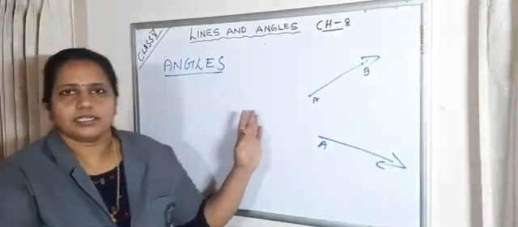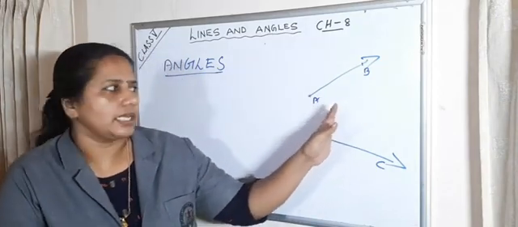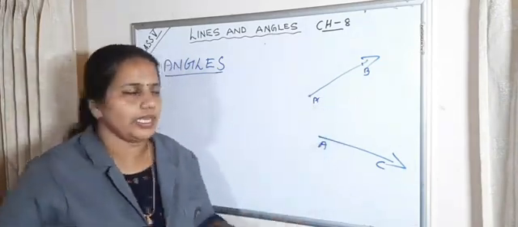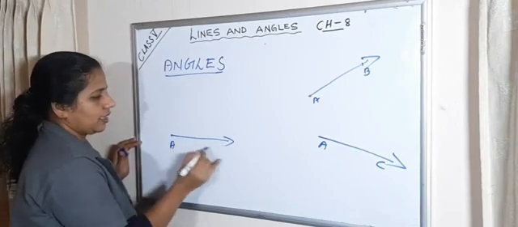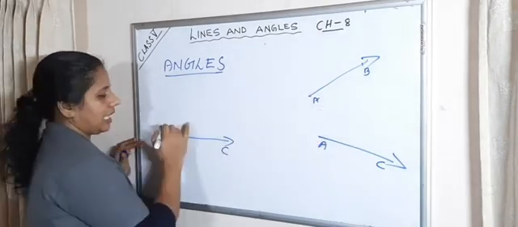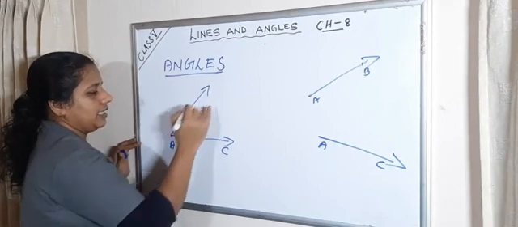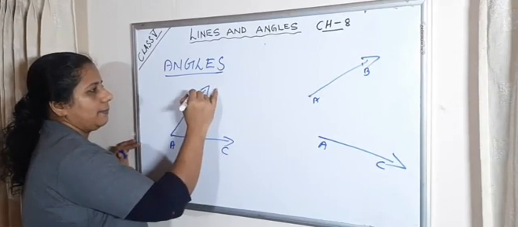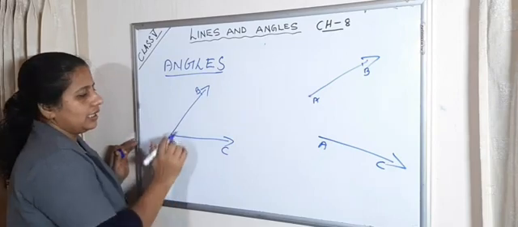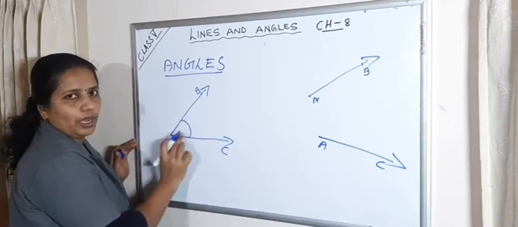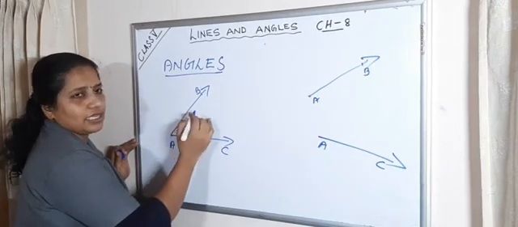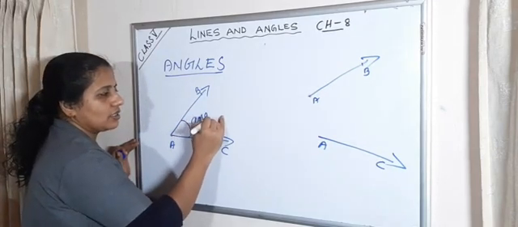Next one, angles. Let us consider two rays, AB and AC. So I am drawing AC here and taking this AB and keeping it here. That is AB. Okay. Then the formed part between these two rays is called the angle.